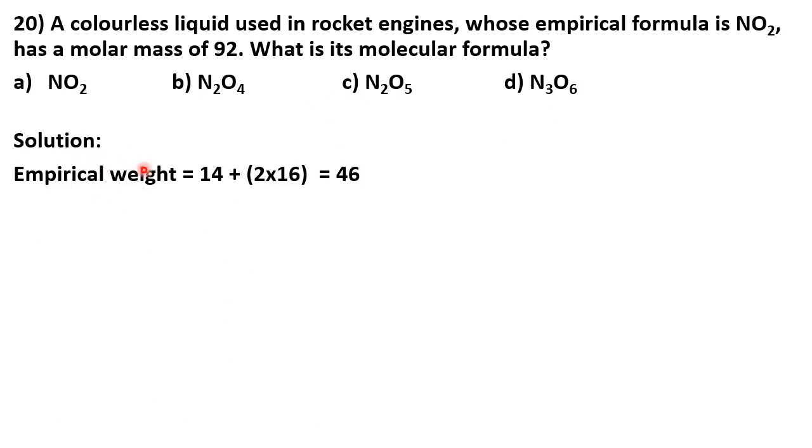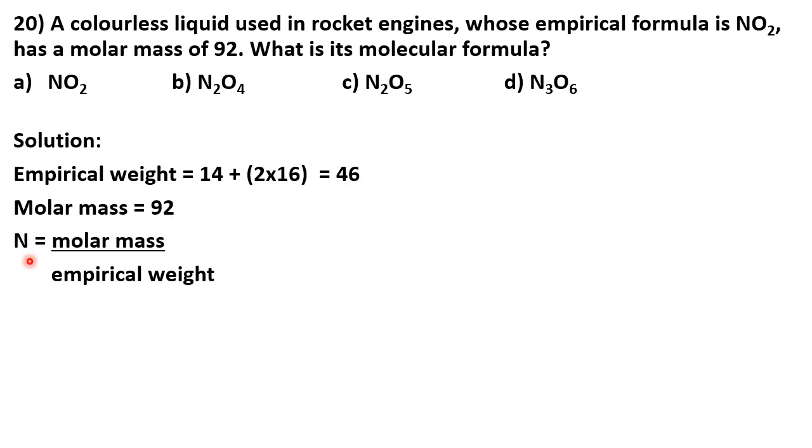First you calculate the empirical weight, which can be calculated by adding the atomic weights of the atoms present in the empirical formula. The empirical formula is NO2. The atomic weight of nitrogen is 14 and the atomic weight of oxygen is 16. 14 plus 2 into 16 gives the empirical weight. Molar mass is given, that is 92.